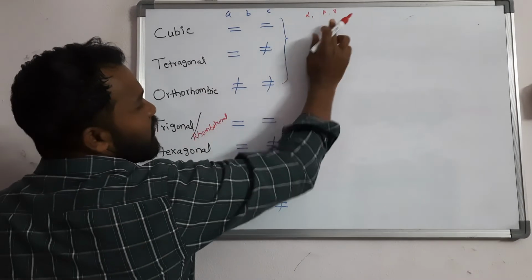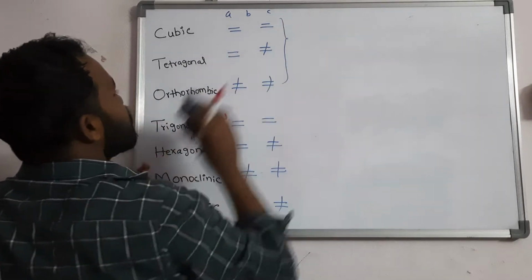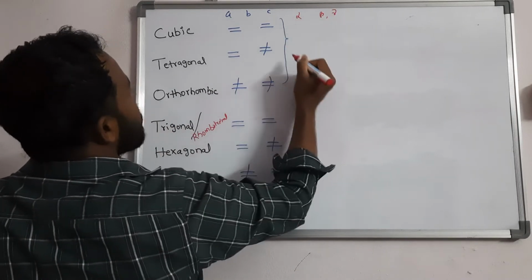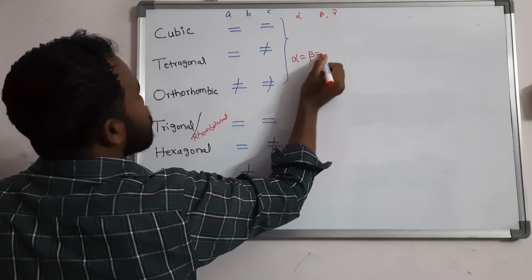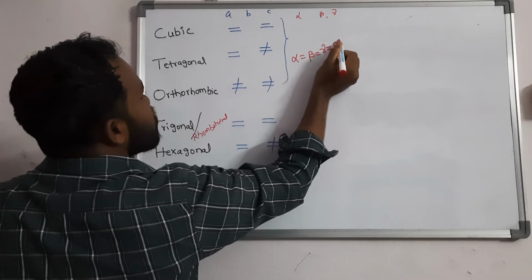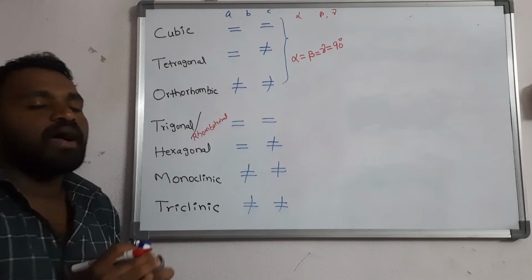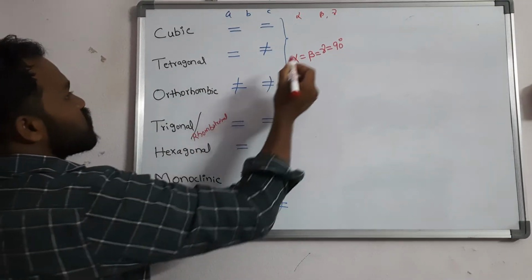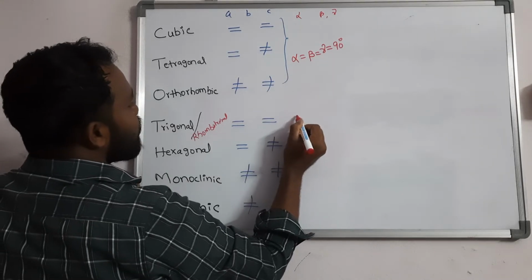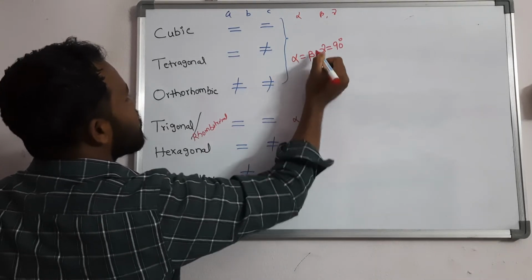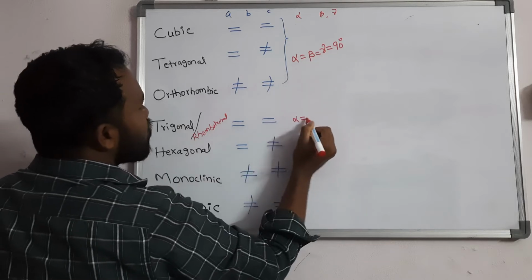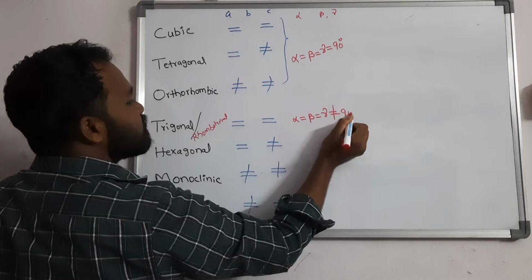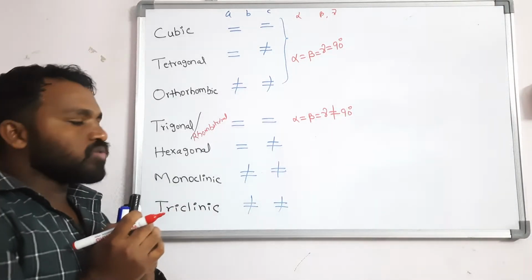So next, alpha, beta, gamma. For alpha, beta, gamma, you should write alpha is equal to beta is equal to gamma, all equal to 90. For this system, alpha is equal to beta is equal to gamma, all equal to 90. So we are talking about alpha, beta, gamma, right? Then for the next system, alpha, beta, gamma not equal to 90, means the second one is automatically not equal to 90.